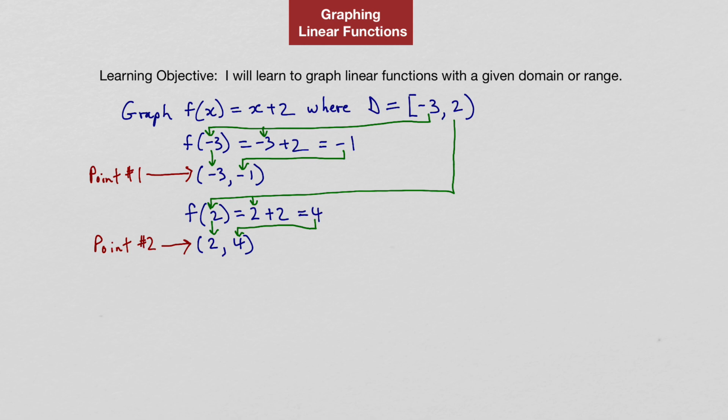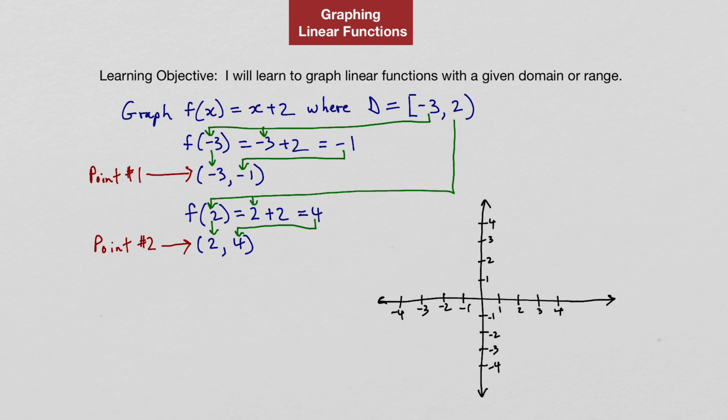Okay, so now that we have both of these points, point number 1 and point number 2, we can go ahead and graph them. Okay, so our first point is -3, -1. So that will go right here. And it's going to be a closed circle because this -3 is preceded by a bracket.